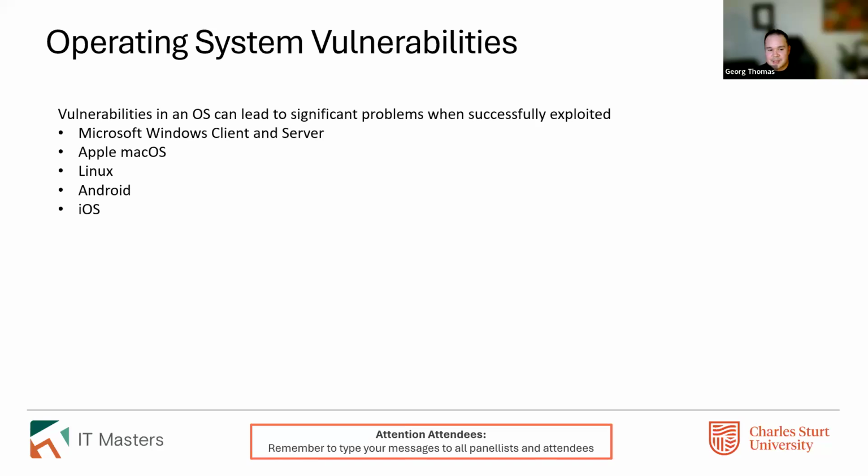As pointed out here, vulnerabilities in an operating system, for example, can lead to significant problems when successfully exploited. Having been in this space for many years, and having run some of the IT Masters courses through CSU, one vulnerability that's always a little bit sad, but is etched into my brain, is MS17-010.